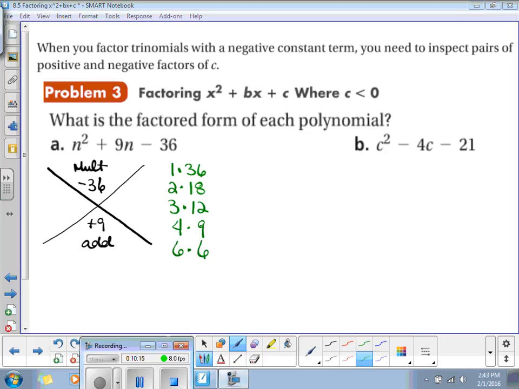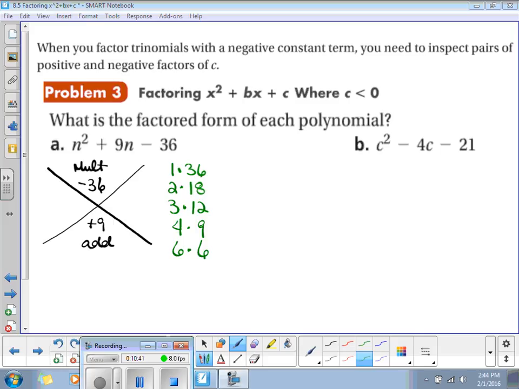So now we have to think about our c. What kind of c do we want? We want a negative c, right? So what two numbers do I have to multiply together to get a negative number? One positive and one negative, okay? So we need one positive, one negative to get a negative 36.